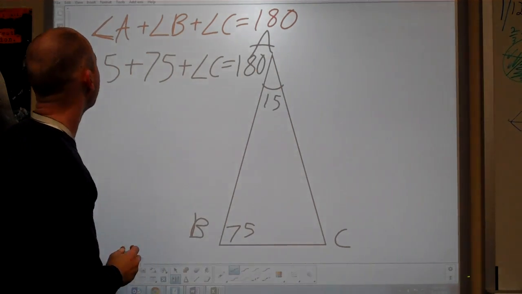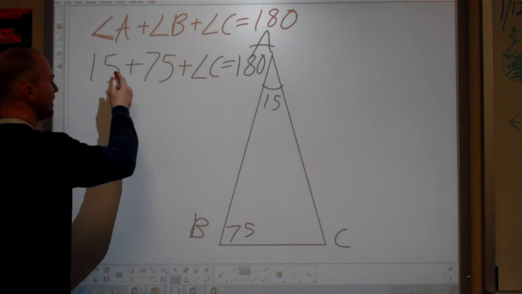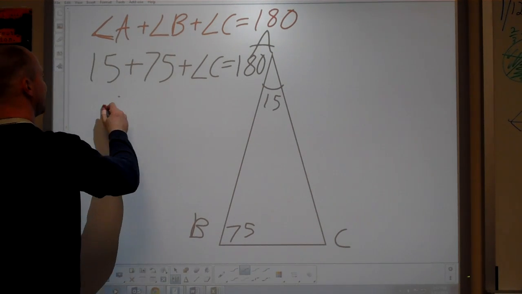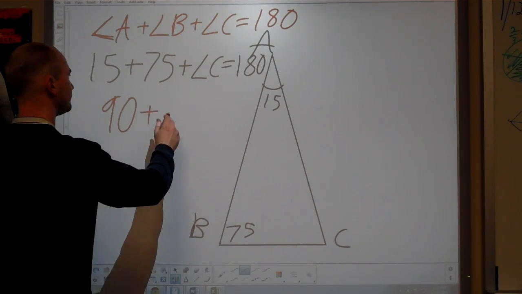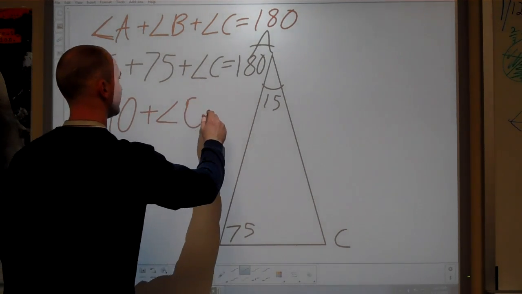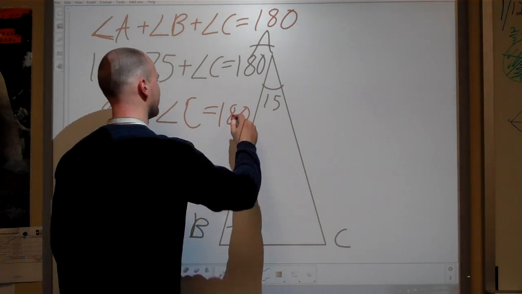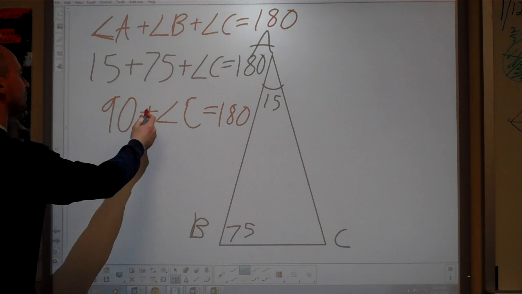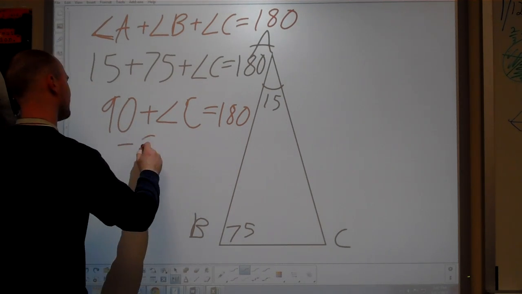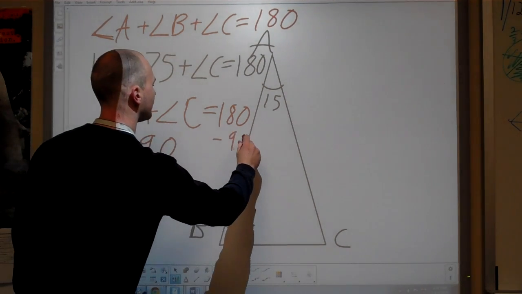180. Okay? Well, 15 plus 75, that gives us 90. So 90 plus angle C equals 180. Well, 90 plus what equals 180? Well, I want to subtract 90 from both sides of this equation.